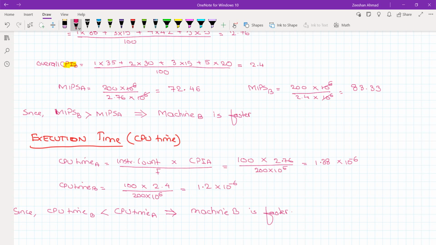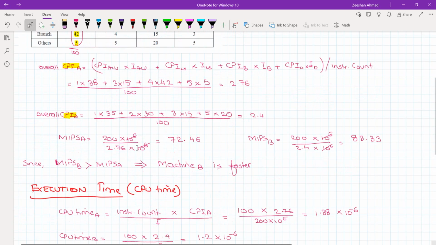If machine B is faster according to MIPS, it is going to execute more instructions per second, so the execution time is going to be less for that machine. That's why it should be faster in terms of CPU time or execution time also. So this was just a straightforward question.